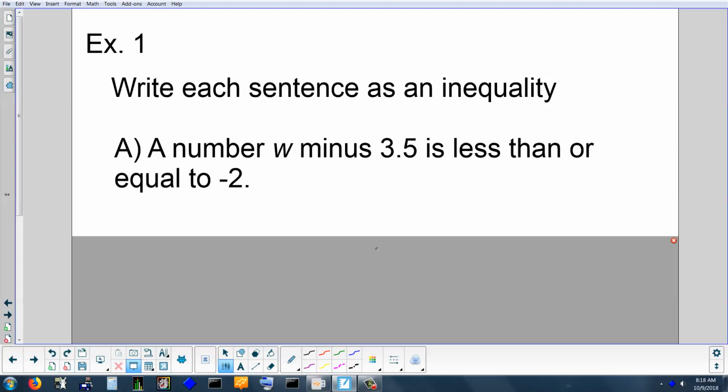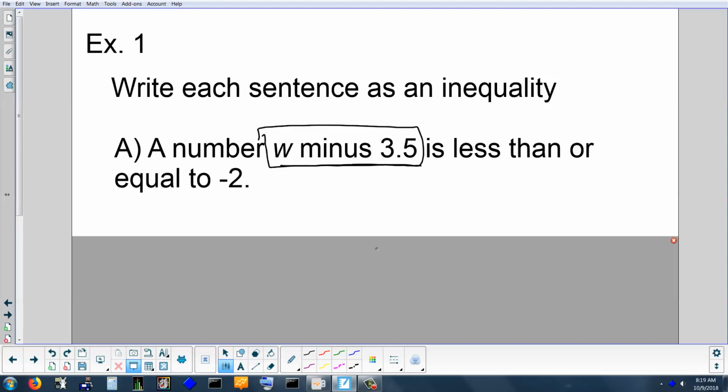All right. So this says a number W minus 3.5. Let's just look at that part. In fact, if you want to really focus on what you need to look at, it's right there. W minus 3.5. Anybody tell me how I would write that with symbols rather than writing it out like that?